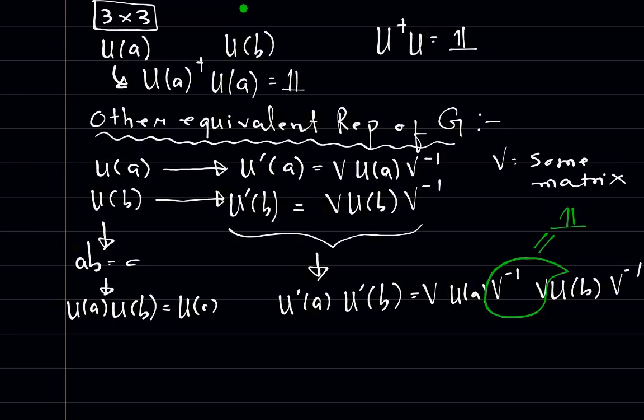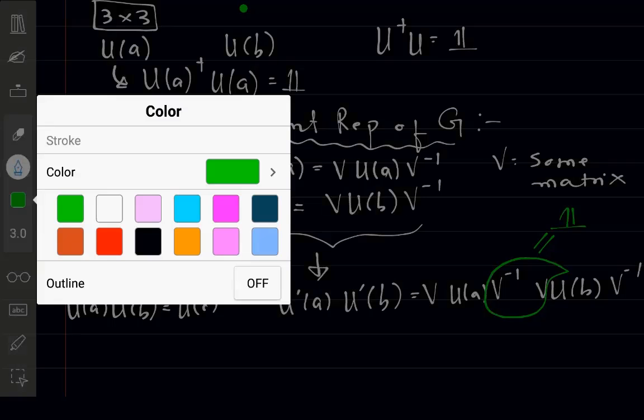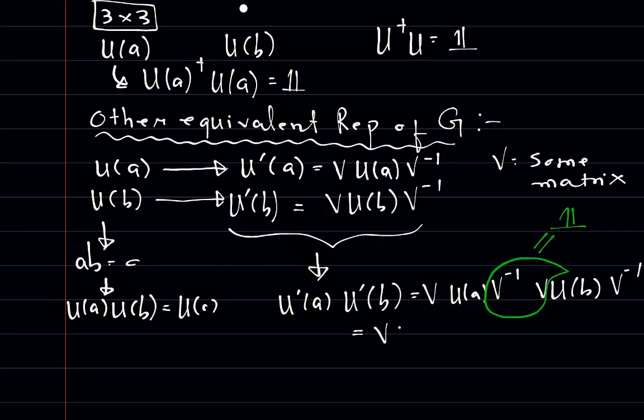So that's very nice. And then what do I have at hand? I get V U of A, the old one, U of B, the old one, and V inverse. And then we know what this is. It is V U of C and V inverse.